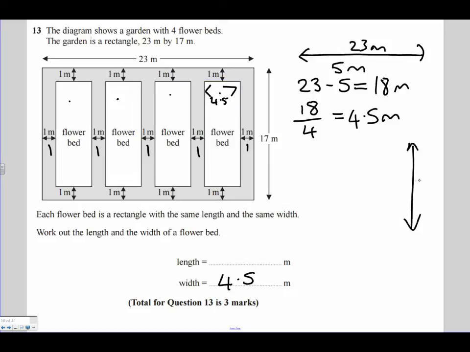We know the length of the flower bed is 17 meters, and we have to take off 2 meters in gaps or spaces between the border and the flower bed. So that leaves us with 15 meters, and that's it. The distance from there to there is 15 meters. So the length of our flower bed is 15 meters.